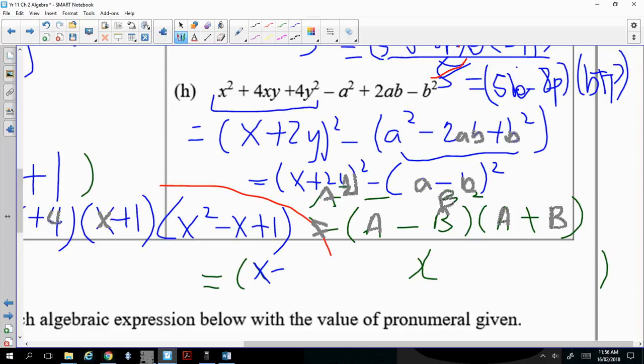But remember, when you minus, make sure you put a little bracket like that. And the second one's easy because you just go x plus 2y plus a minus b, right? So the first one is the minus, the second one is the plus. And then you just have to do one more step of x plus 2y, take out the negative, so write negative a plus b. x plus 2y plus a minus b.